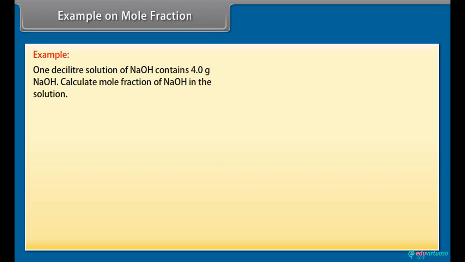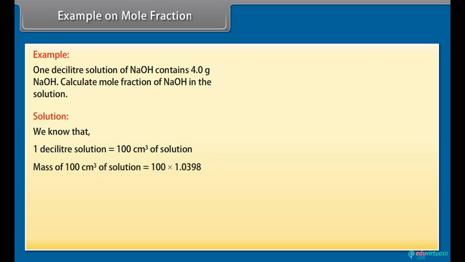1 deciliter solution of NaOH contains 4 gram NaOH. Calculate mole fraction of NaOH in the solution. Let's see the solution. We know that 1 deciliter solution is equal to 100 cubic centimeter of solution.